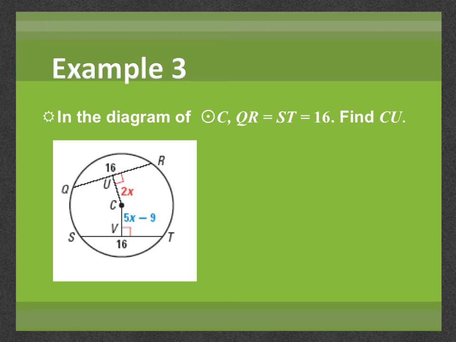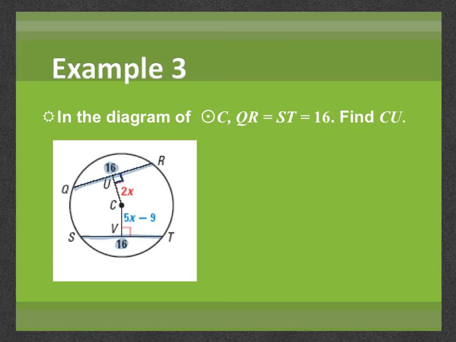Okay, last example, which is example 3, says in the diagram of circle C, QR equals ST equals 16, find CU. So QR, which is one chord, equals ST, and they're both 16, which it's already labeled. From that alone, we know that these are equal, and if they're equal, then it means the arcs are equal if we need the arc, but it also means that it's equidistant from the center.